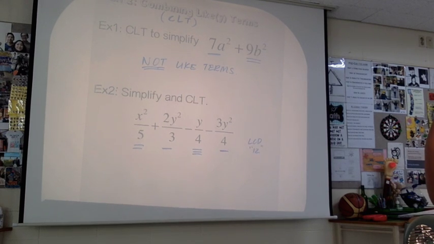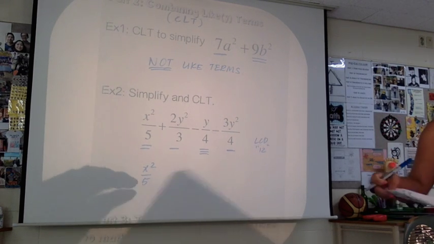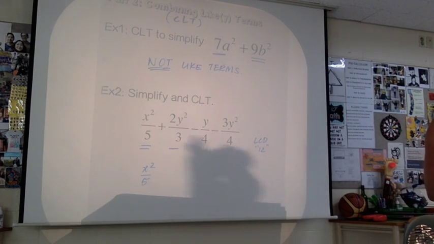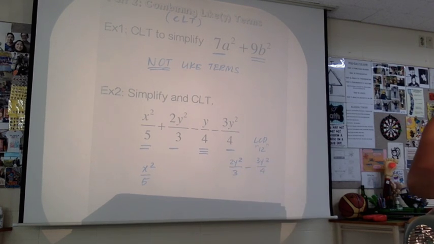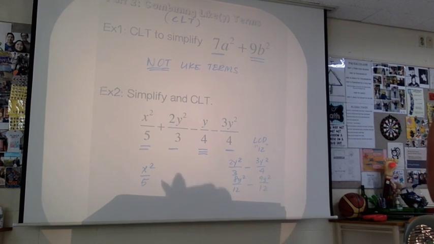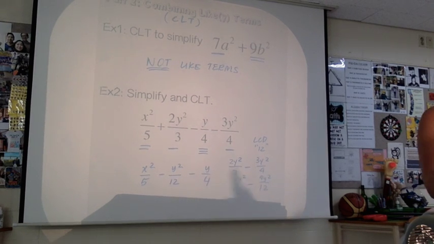So it's going to be x squared over 5, and let's separate that: 2y squared over 3 minus 3y squared over 4. So we're going to have 12 here, 12 here, 4 times 2 is 8y squared, 3 times 3 is 9y squared. It's going to be minus y squared over 12, and then minus y over 4. Notice it's all in standard form, so x squared, y. That's the answer you should have ended up with. If you don't understand it, make sure you ask me in class, okay?